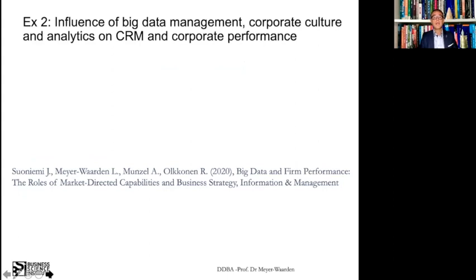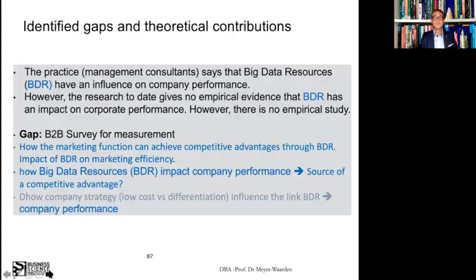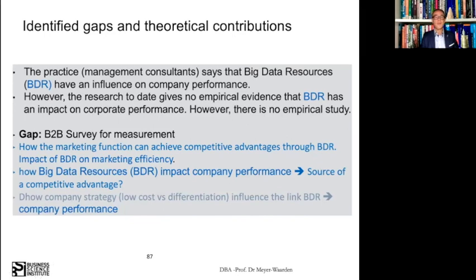The second example comes from a research where we studied the influence of big data management, corporate culture, and big data analytics on customer relationship management and corporate performance. This article is published in Information and Management, so you see the reference here. So our identified gaps, our theoretical contributions, are the following.